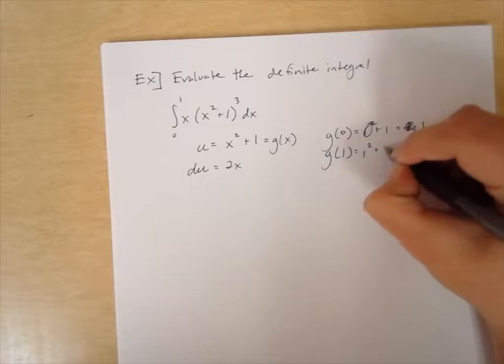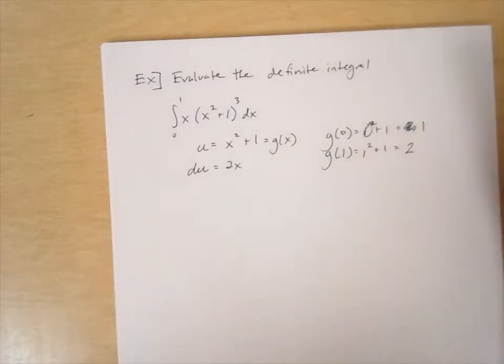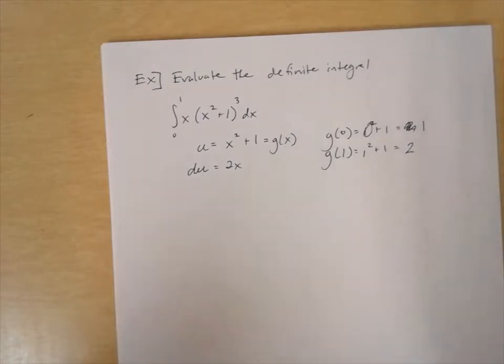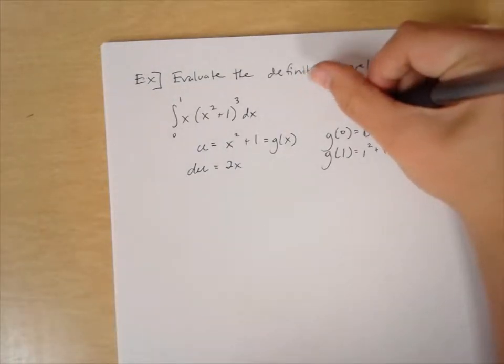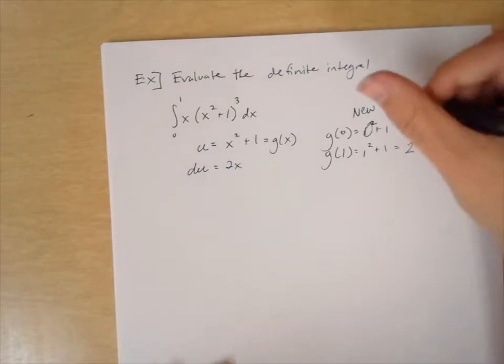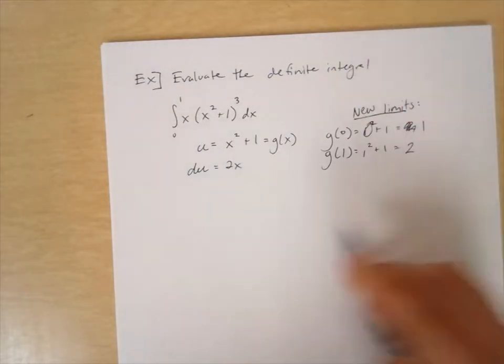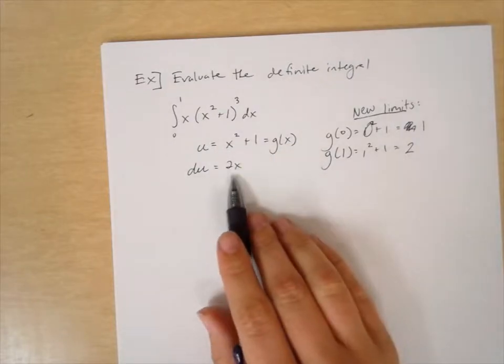And then here, 1 squared plus 1 would get me 2. That's what I meant to say. So the new bounds are going to be 1 to 2. So we have our new limits right here. We have u and we have du.